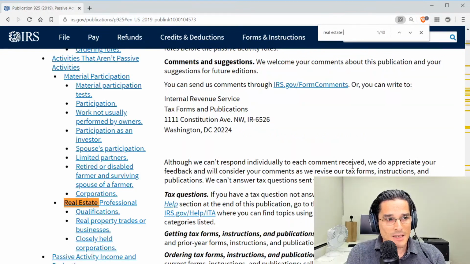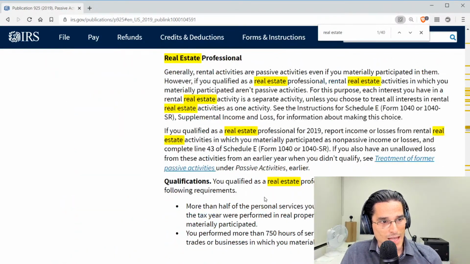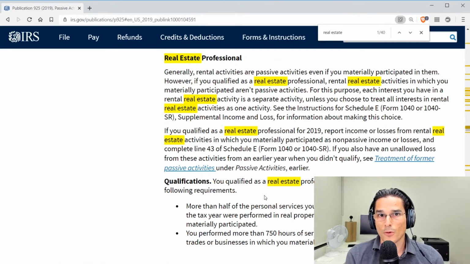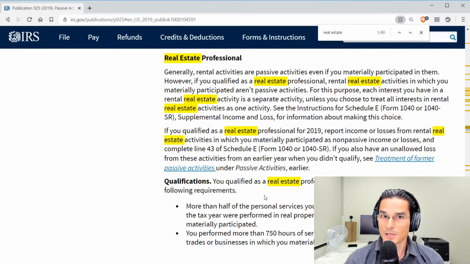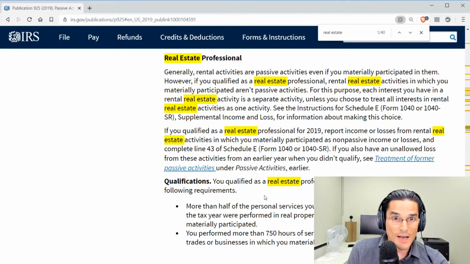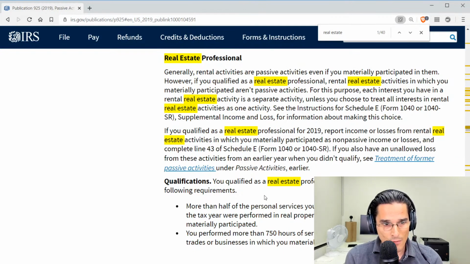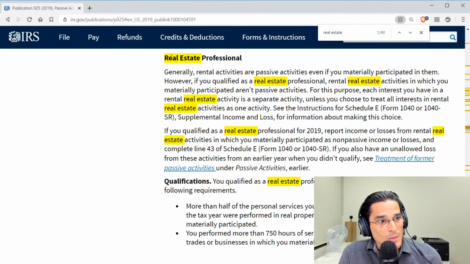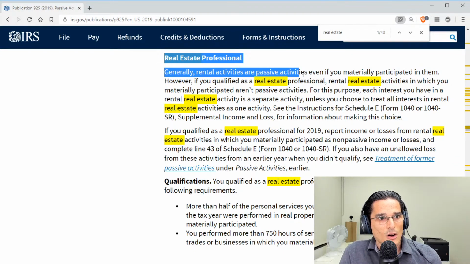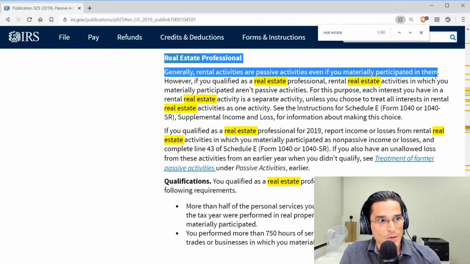The reason being is that real estate professional status is a way to avoid the limitations put forth by the passive loss rules, right? Because we want to deduct our losses, and there are a few ways to do that, but the bar is very, very high. Let's read. Real estate professional. Generally, real estate activities are passive activities even if you materially participate in them.